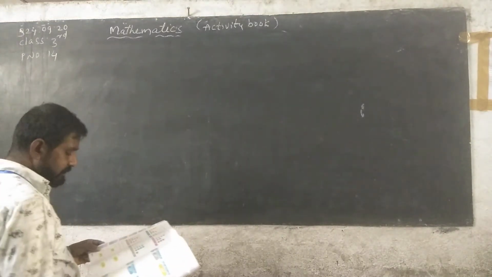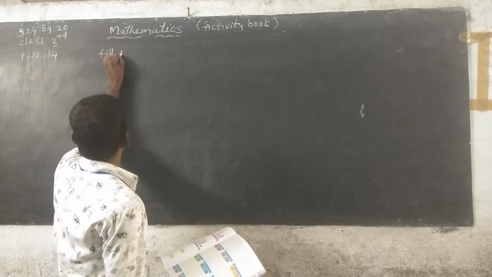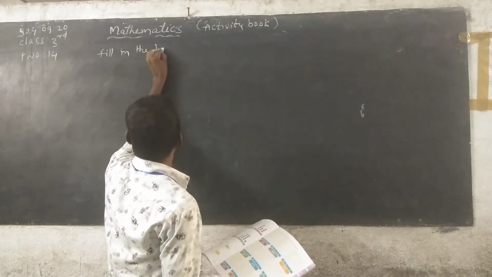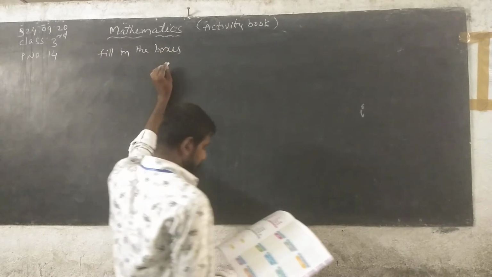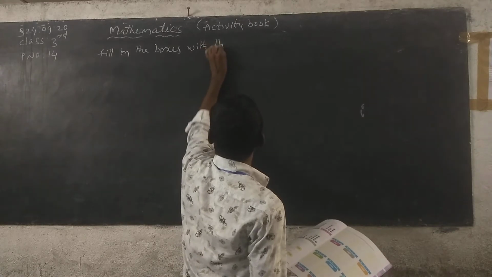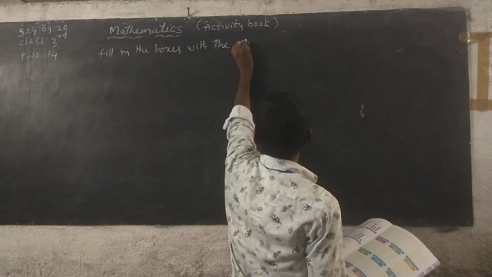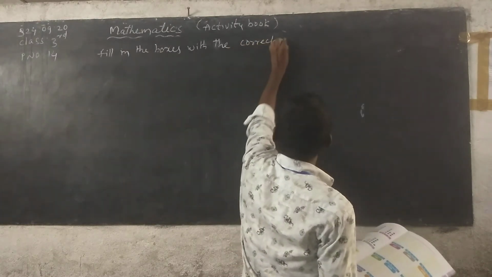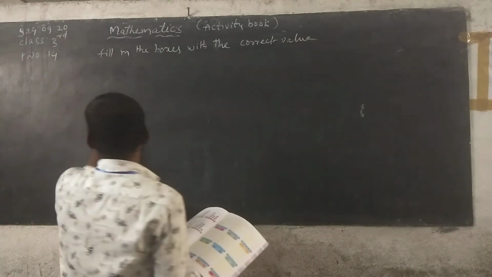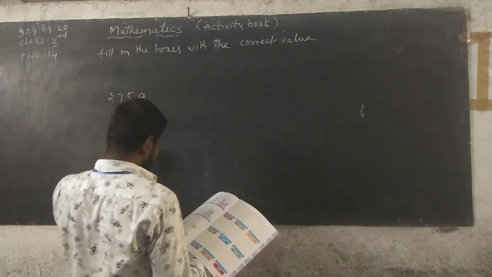Fill in the boxes with the correct values. Listen carefully. The number is 2759.